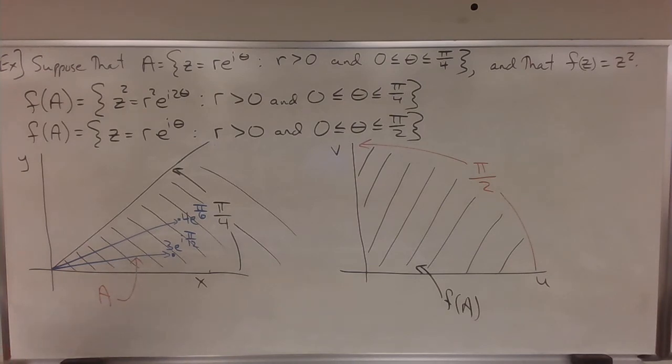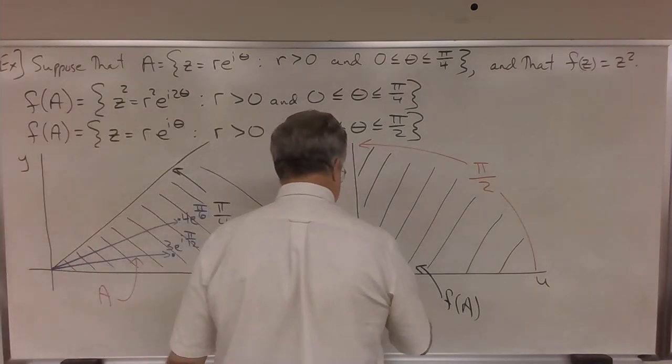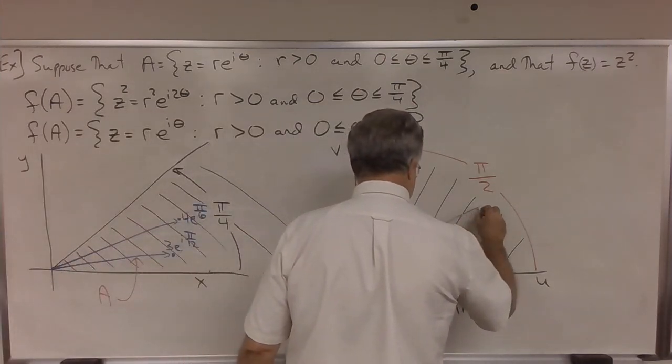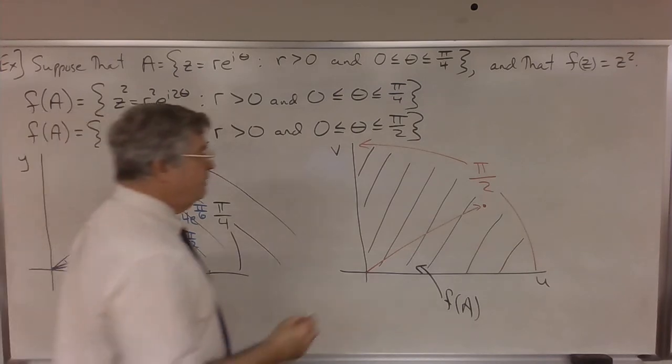And let's see, what happened to this guy? 3 e to the i pi over 12. Well, let's see. The modulus got squared.